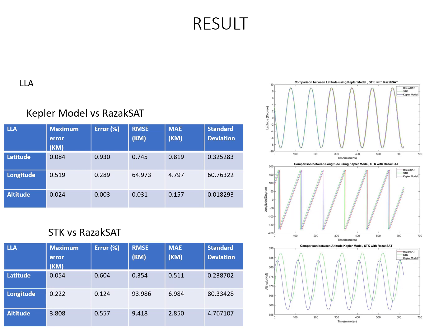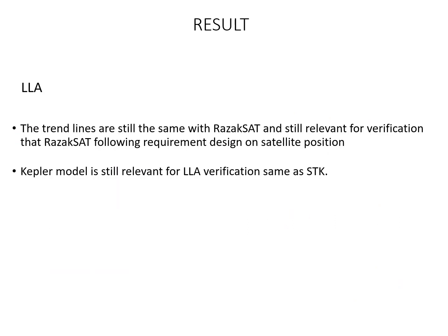However, for the longitude, the graph shows a rectangular pattern, which I think may be a disturbance from Razaksat when it entered orbit. The altitude has a little deviation compared with Razaksat. From this analysis, the trend line is still the same as Razaksat and still relevant for verification that Razaksat follows the requirement design and satellite position. So from this result, the Keplerian model is still relevant for LLA verification, same as STK.